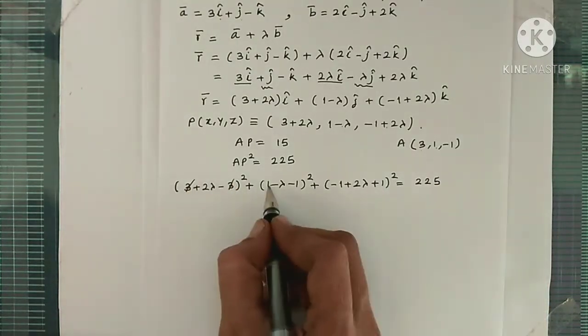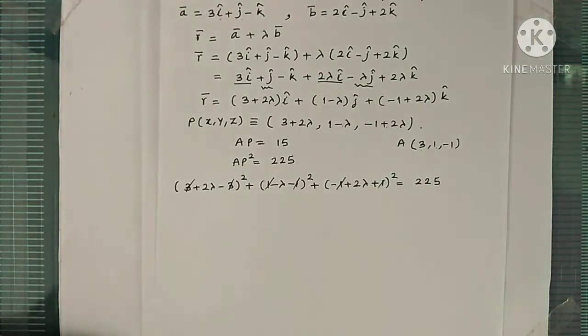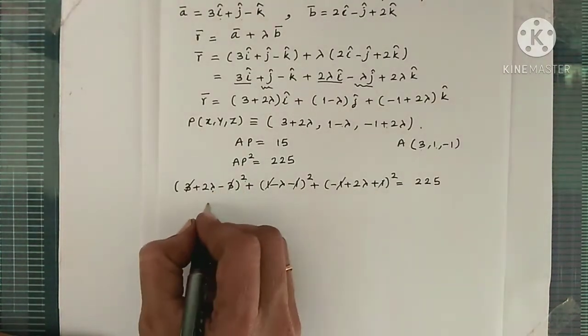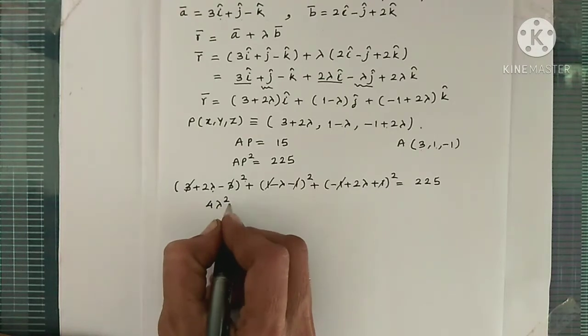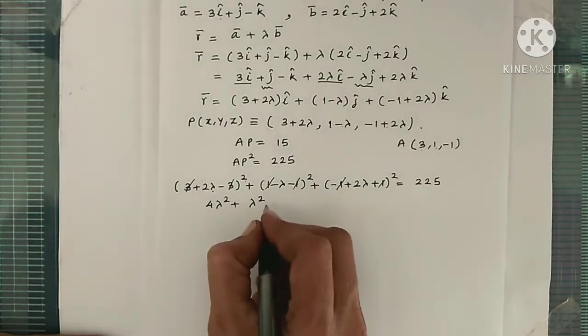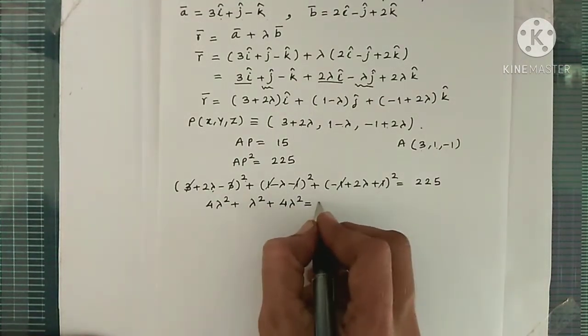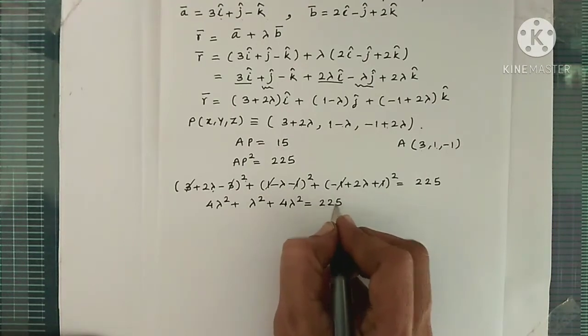Here 3 gets cancelled, here 1 gets cancelled, and here also this 1 gets cancelled. So (2 lambda) square becomes 4 lambda square, (minus lambda) square is lambda square, then (2 lambda) square is 4 lambda square, equal to 225.